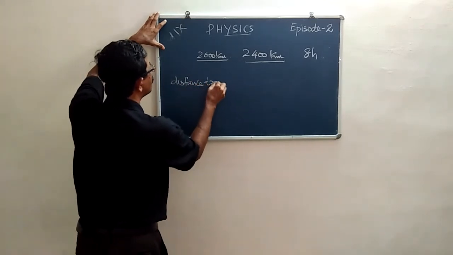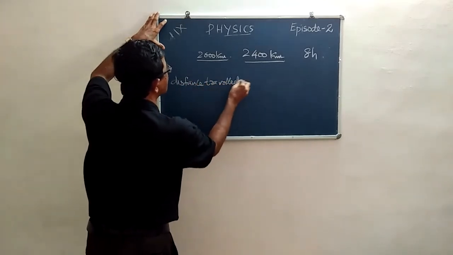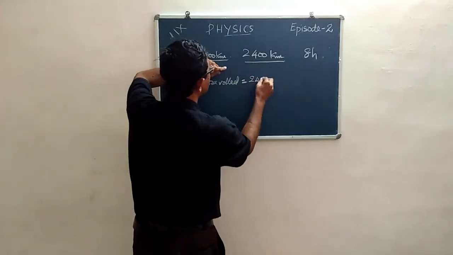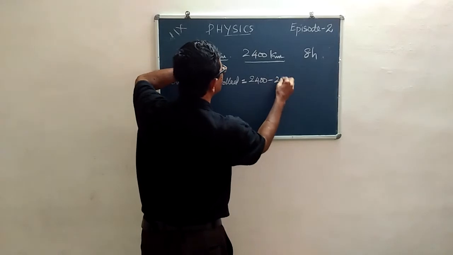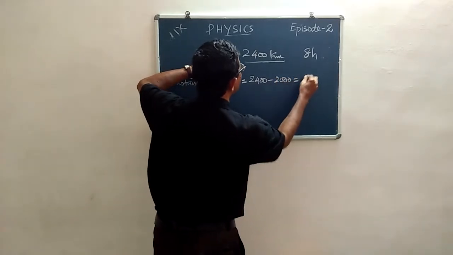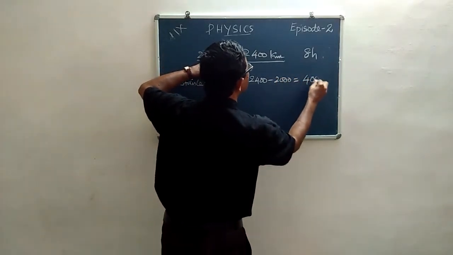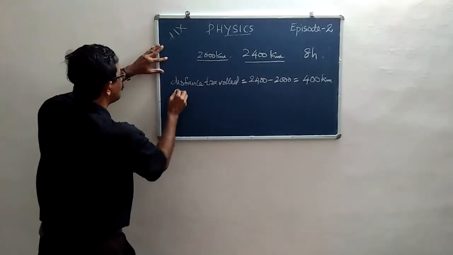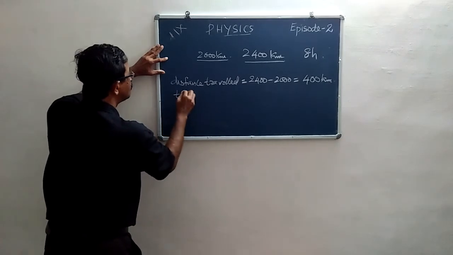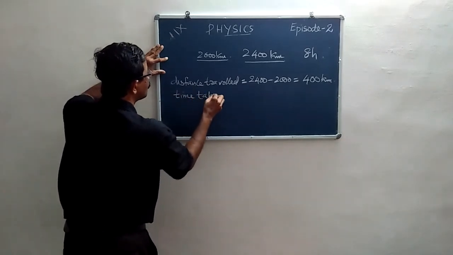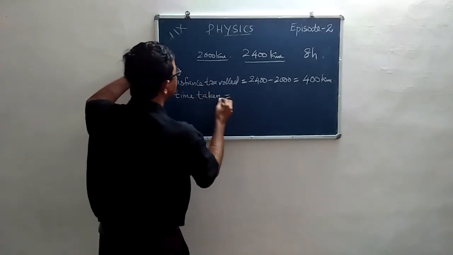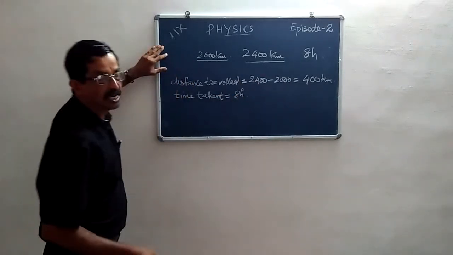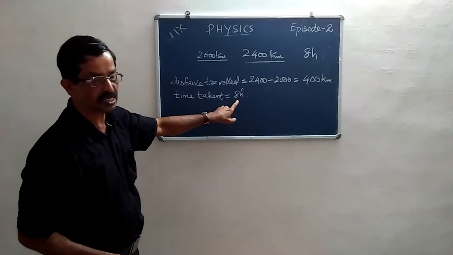The distance traveled by the car is 2400 minus 2000, that is 400 kilometer, and the time taken for that is 8 hours.